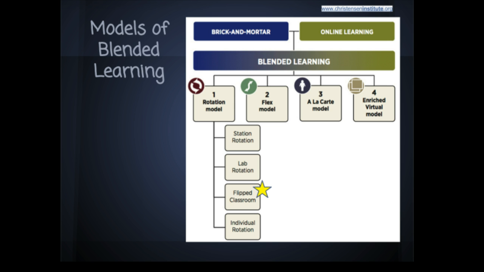The primary delivery of content and instruction is online, which differentiates a flipped classroom from students who are merely doing homework practice online at night. The flipped classroom model accords with the idea that blended learning includes some element of student control over time, place, path, and/or pace, because the model allows students to choose the location where they receive content and instruction online.